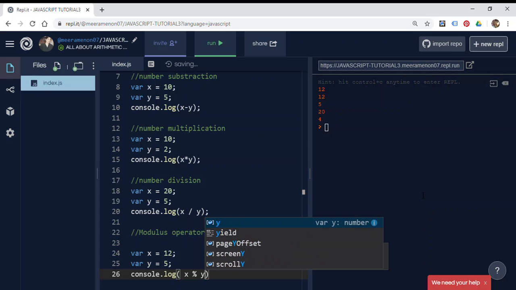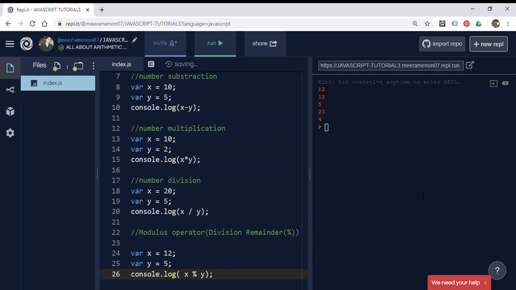Now what exactly are we trying to do here? When you divide x by y, whatever the remainder is after you divide it, that balance remainder is called the modulus operator value or the division remainder value.